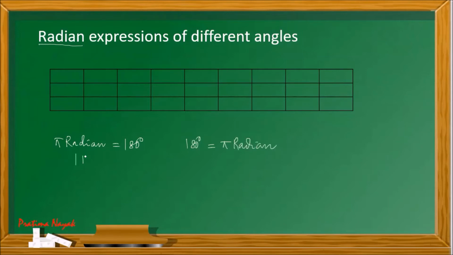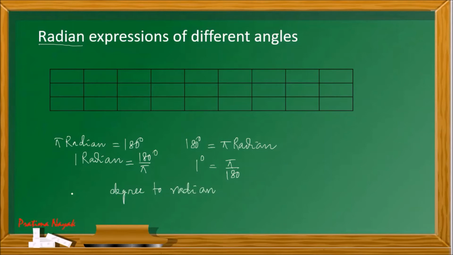So 1 radian is equal to 180 by pi degrees, and 1 degree is equal to pi by 180 radian. That means if you want to convert degrees into radians, I'll multiply with pi by 180.